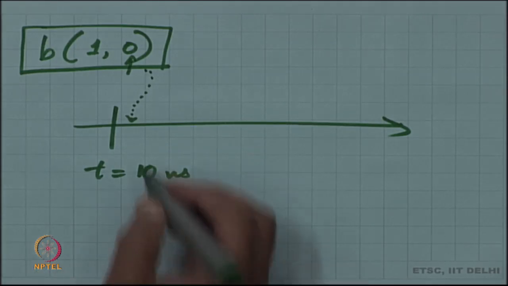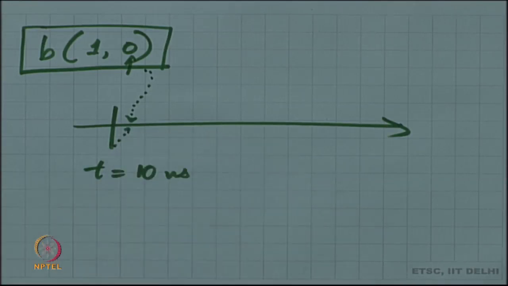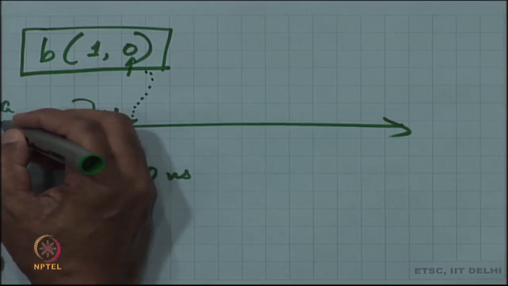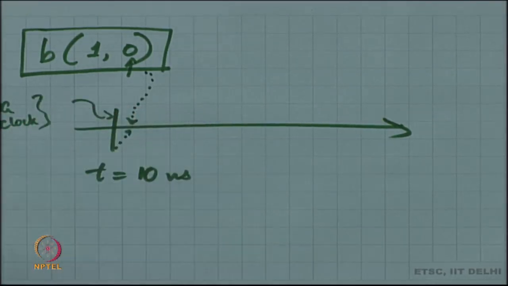So, delta means that the time is still 10 nanoseconds, the time has not changed, but we just move to what is called the next delta cycle. So, in the first delta cycle, A and clock both changed.